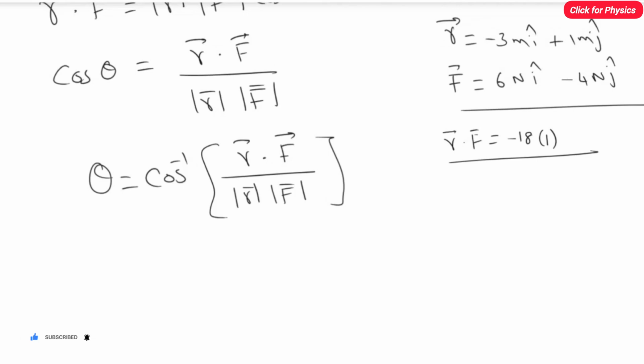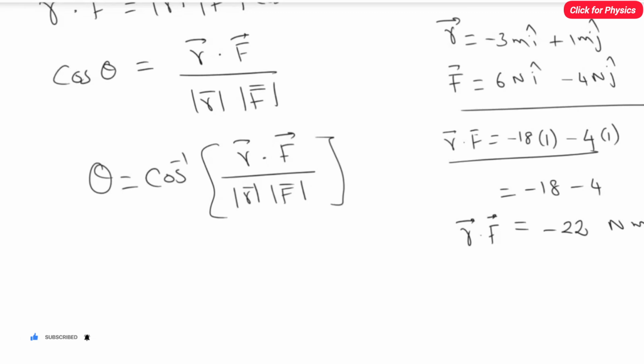Likewise, you do the same thing: minus 4 into plus 1 is minus 4, and j dot j is nothing but 1. So here we got minus 18 and minus 4, which gives minus 22. This is r vector dot f vector, and the unit is Newton meter.